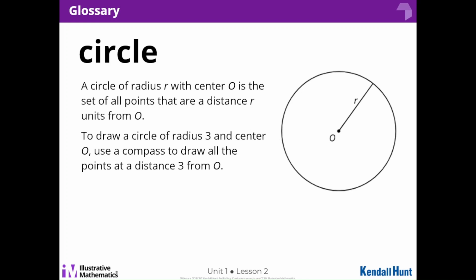So if I wanted to draw a circle where the radius was 3, that's how wide I would make the opening of my compass from the tip of the compass to the tip of the pencil. And then I would rotate the compass 360 degrees to create the perfect circle.